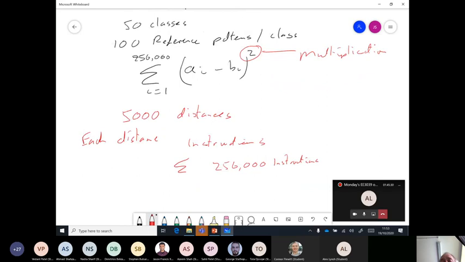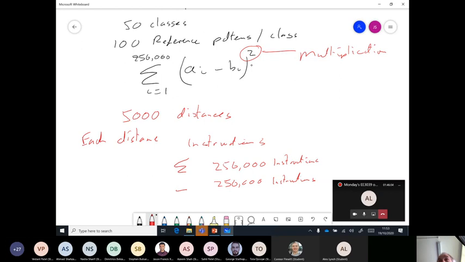Now for the summation here, we've got a subtraction, which is the same as summation. It's going to be another 256,000 instructions. And now the multiplication, for 8 bits, will involve a shift, so there'll be 8 instructions and an add.